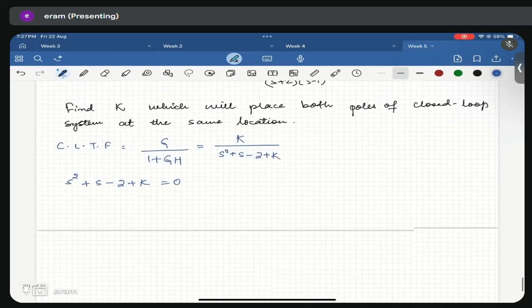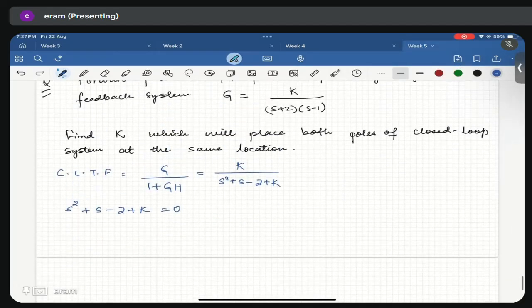Yes. For a second order system, we know that we can write the poles as shown, or you can use the concept of roots of polynomial also, like the way you solved the previous question.